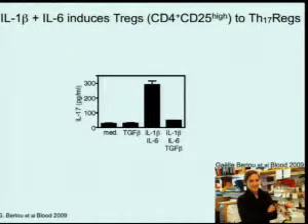So we then asked whether these conditions could drive the secretion of IL-17 by so-called natural Tregs isolated ex vivo from normal subjects, work done by Gaelle Bureau, and we found that IL-1 plus IL-6 indeed induces Tregs to secrete IL-17. Interestingly, this IL-17 secretion was inhibited by TGF-beta.